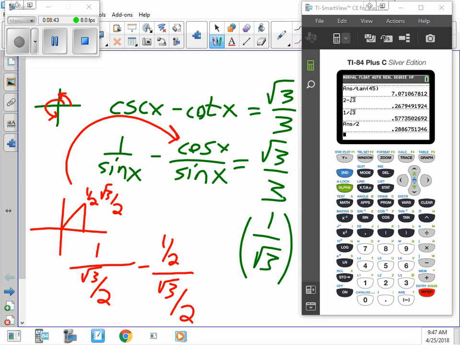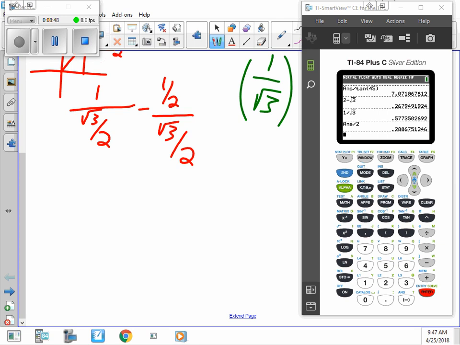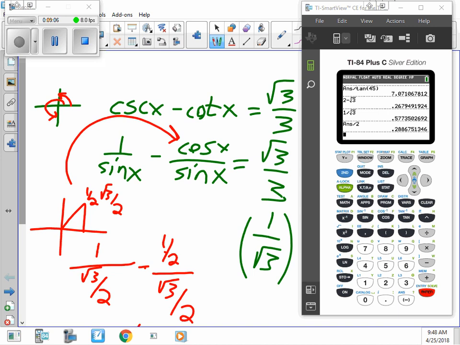I have a common denominator already. And 1 minus 1/2 is 1/2 divided by root 3 over 2. Flip and times 2 over root 3. Done. So now let's check. It works at pi over 3. Will the same thing happen in quadrant 2?